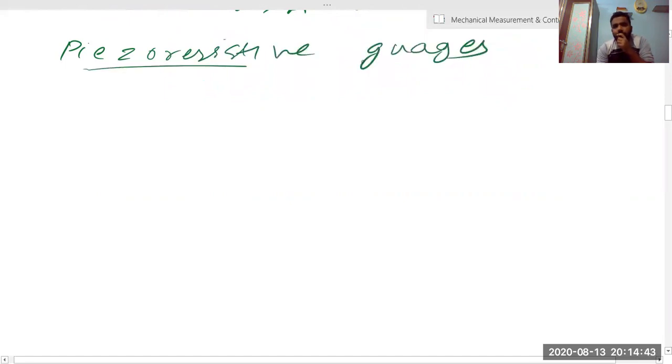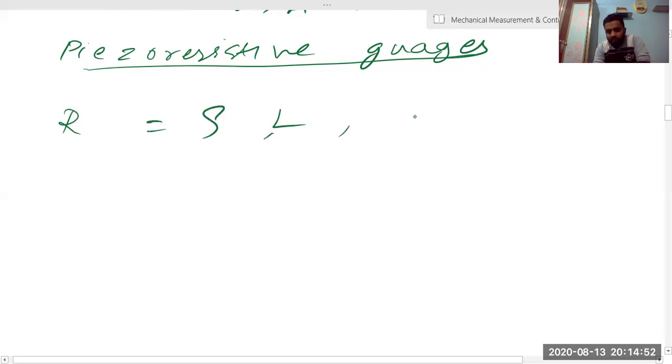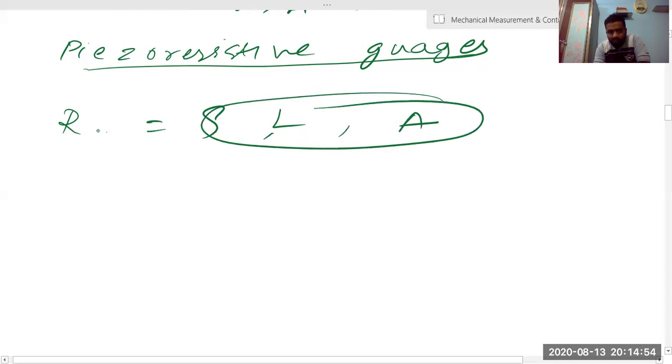So I've explained to you the basic theory of strain gauge. Whenever there is a change in rho, in L, and in A, this will lead to a change in resistance.